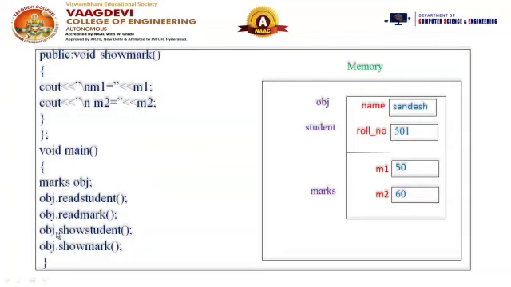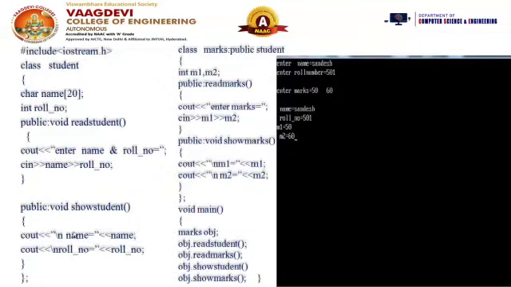The statement obj.showStudent method and obj.showMarks display the details of student and marks class. Here we can clearly understand that how derived class object is accessing base class function.